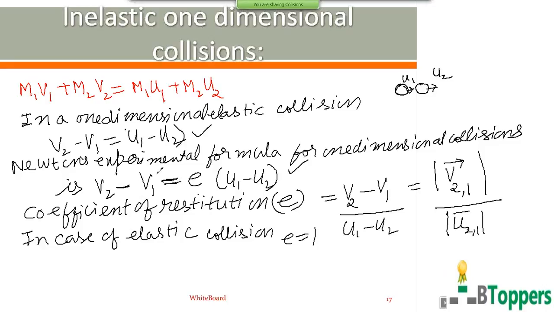Now, mathematically, it can be shown that for given masses m1, m2 of the two colliding bodies, and for given initial velocities u1 and u2 along the same straight line, the maximum possible loss of kinetic energy takes place when the two colliding bodies stick together or move together after the collision with a common velocity.